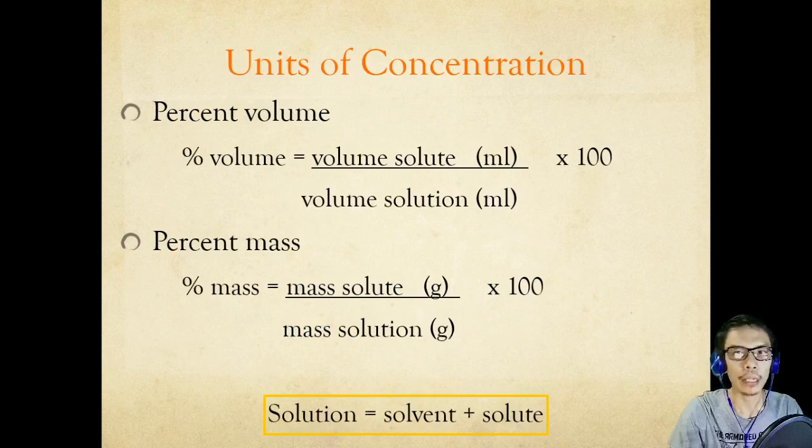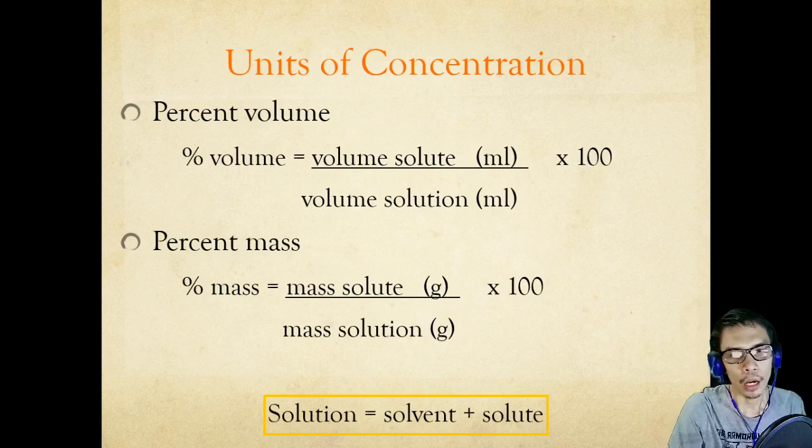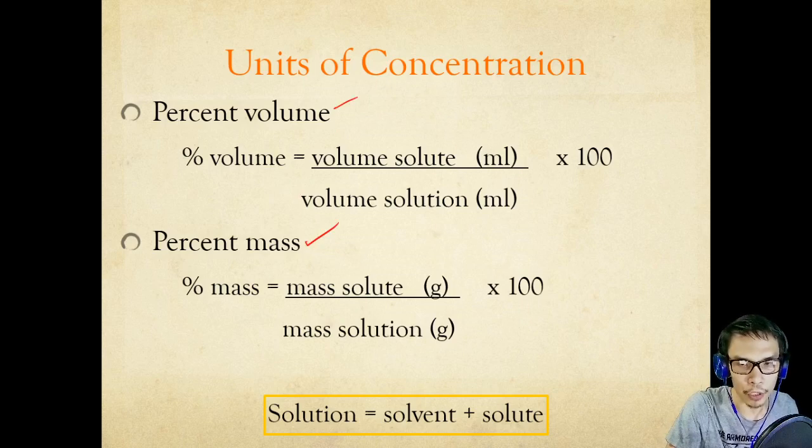Furthermore, in order to prepare the correct amount of concentration in your solution mathematically, we use these particular formulas that we have right here, the percent by volume and the percent by mass, in order to prepare a uniform solution which you can use in your experiment and other situations.